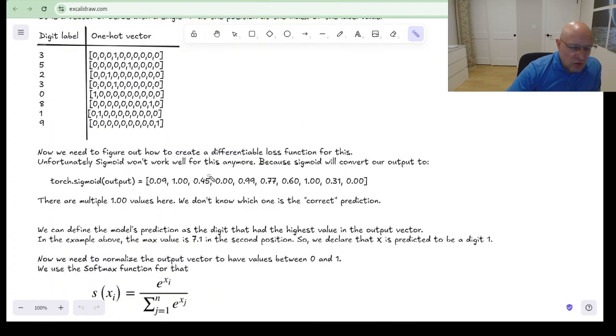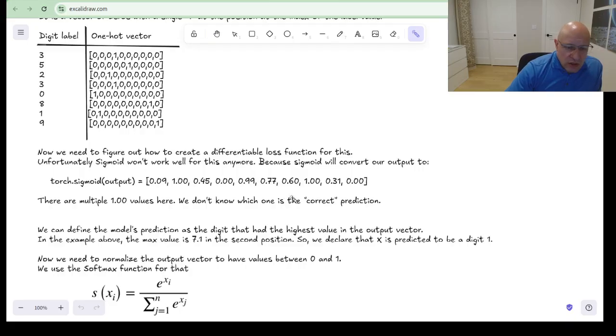But if I run a sigmoid function on it, I will get 1.0 in this position, a very high number in this position, and also 1.0 in this position, because sigmoid runs independently, and all large numbers simply become ones or very close to ones. Now I cannot tell what my model predicts. Does it predict digit 1 or digit 7? It says 1 in both positions. So instead we need a different function.